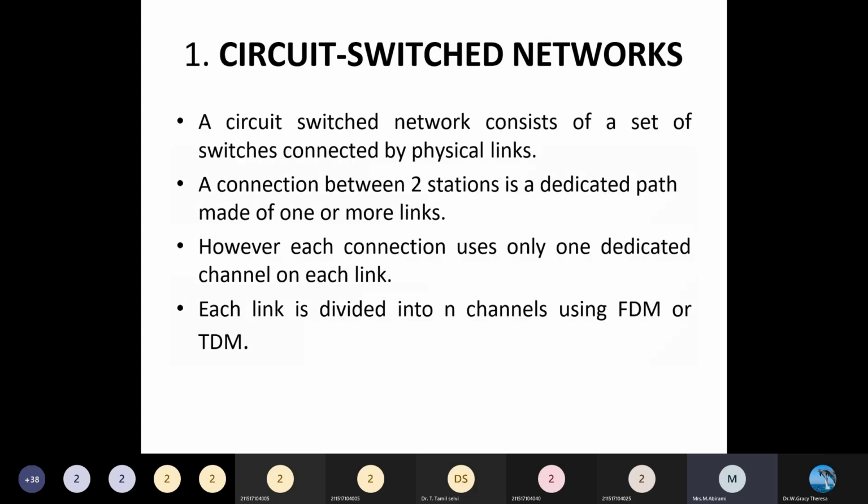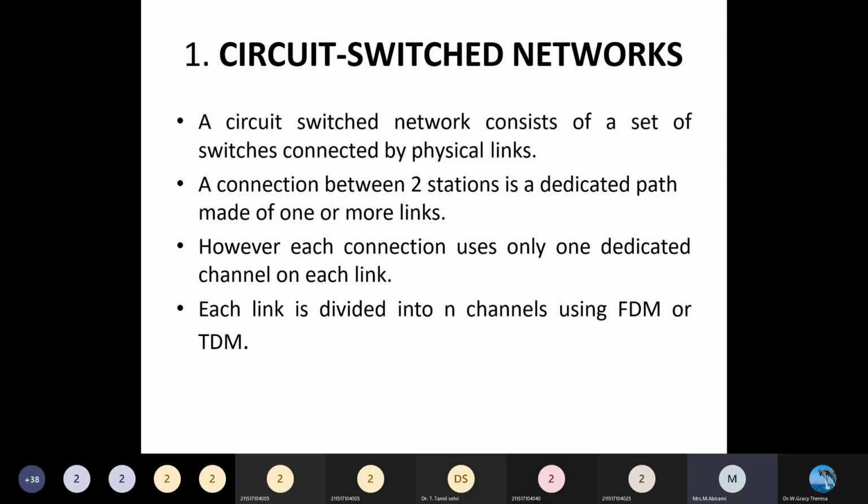First of all, we discuss the circuit switching technology in computer networks. Circuit switching is a technology that establishes and decides the path between sender and receiver.